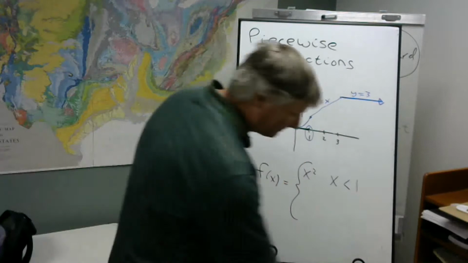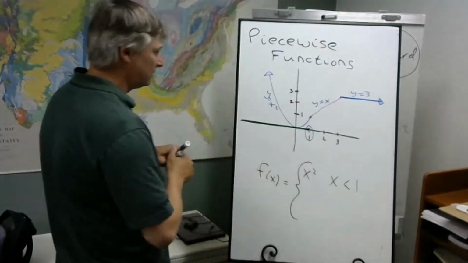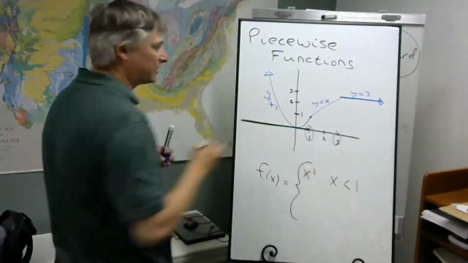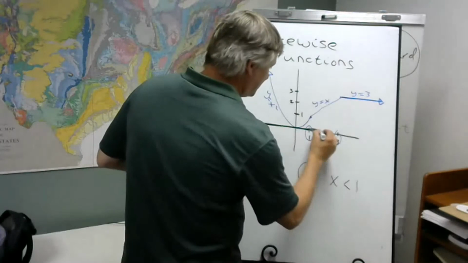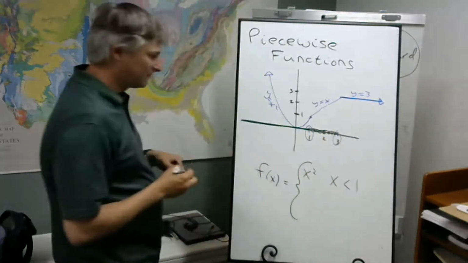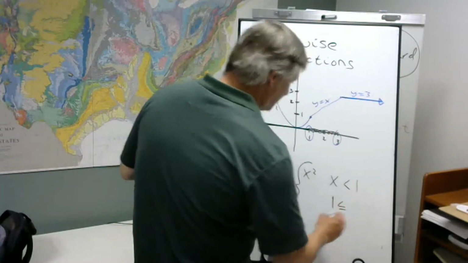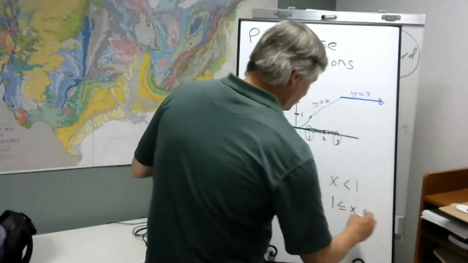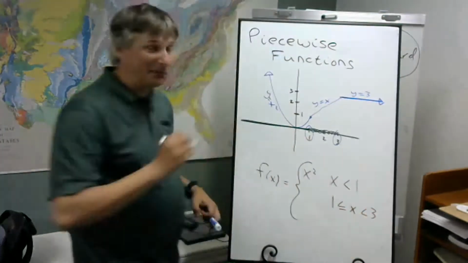Now what? Well, for the next one, it's an interval because we get the next change here at x equals 3. So now we have this interval to deal with. And again, we're going to use the soft inequality where it starts, and the hard inequality where it ends.